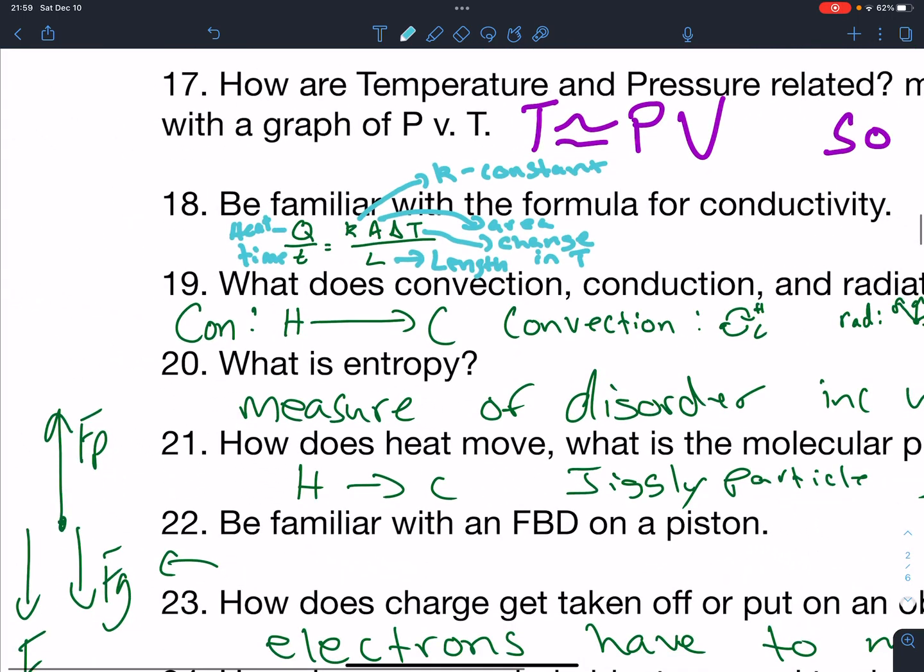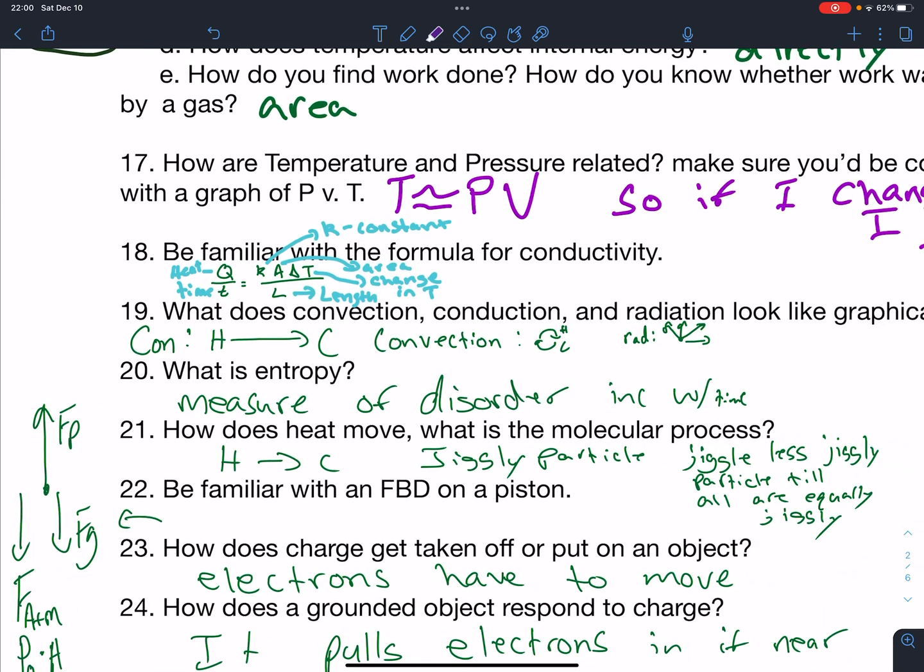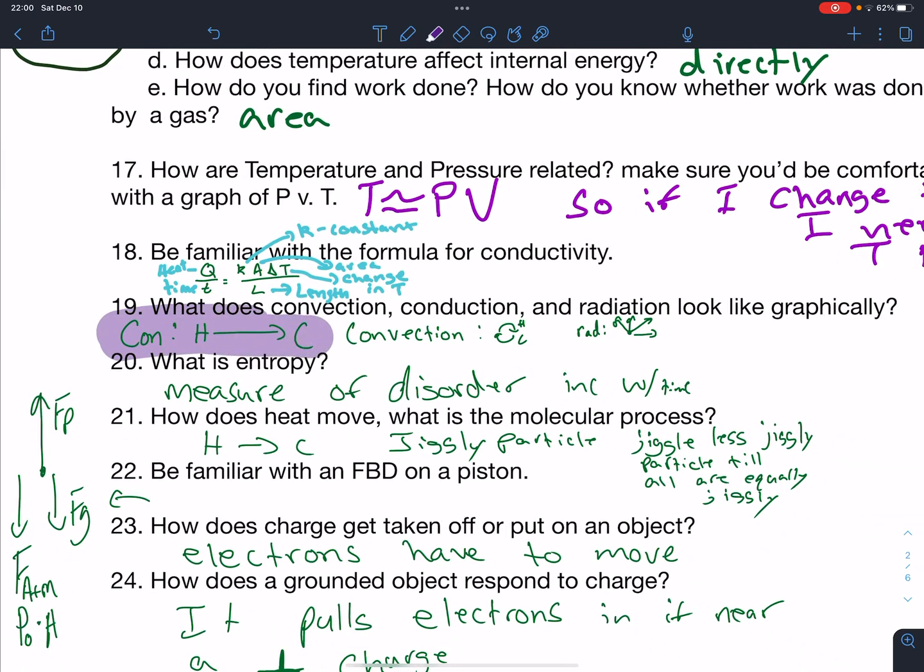Okay, let's see. What does convection, conduction, and radiation look like graphically? So the key thing with conduction is that it moves from hot to cold. If you're conducting heat, the heat has to move from the hot end to the cold end. There's no way for it to move from cold to hot. It always moves from hot to cold.